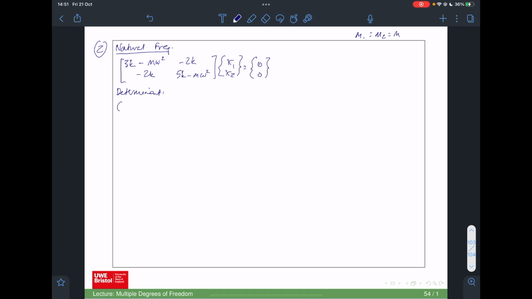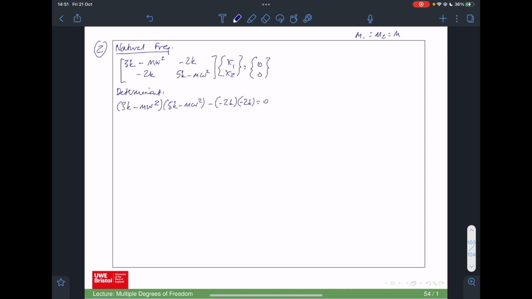So that's going to be 3k minus m omega squared, 5k minus m omega squared, minus 2k minus 2k.